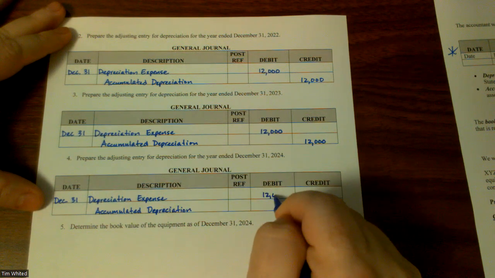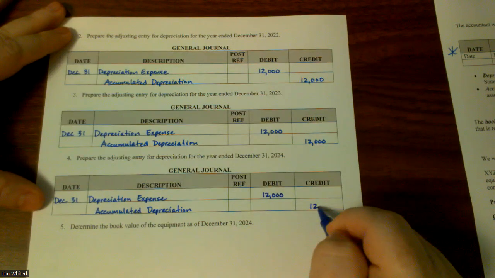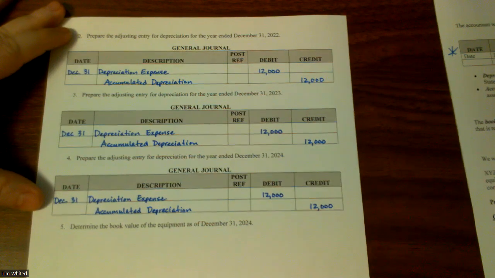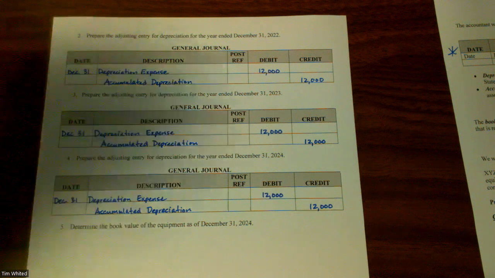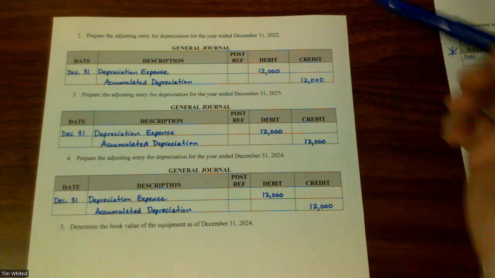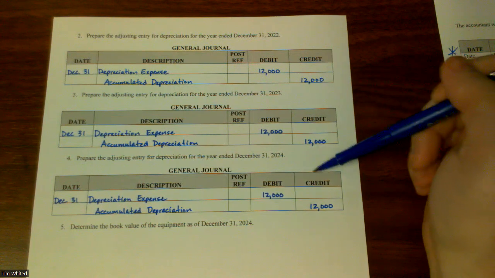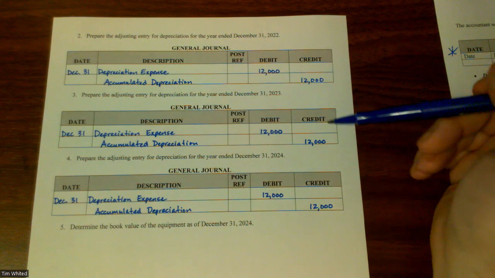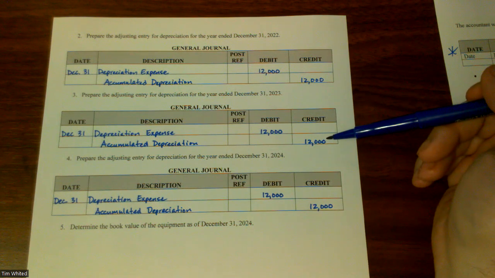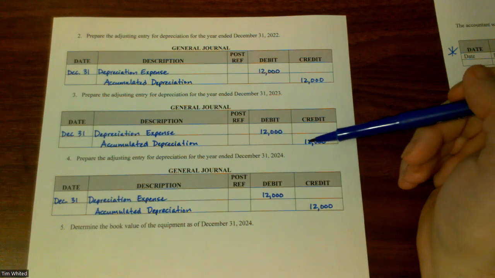So debit depreciation expense for $12,000 and credit accumulated depreciation for $12,000. Now, the journal entries being the same year after year is something that is unique to straight line depreciation. You're not going to see that with the other methods that I'll cover in part 2 of this video.